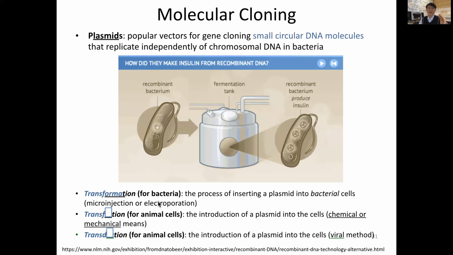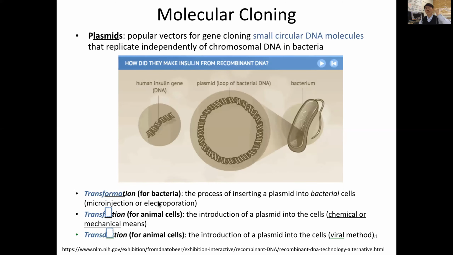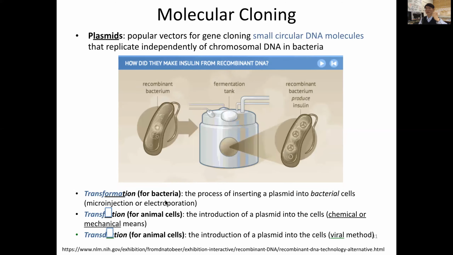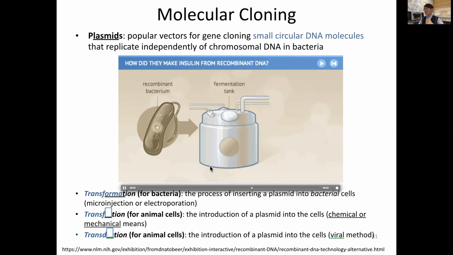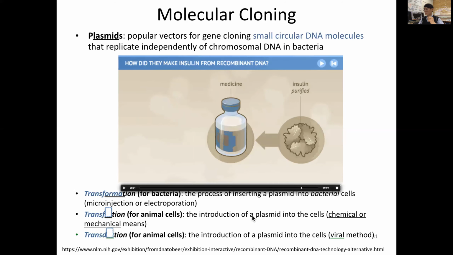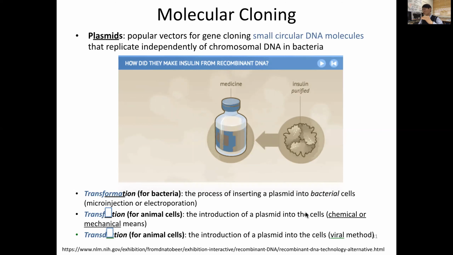Transformation is sometimes also used for normal cells becoming a tumor cell. Now in animal cells, the introduction of a plasmid into a cell by using chemical or mechanical means, we call transfection.